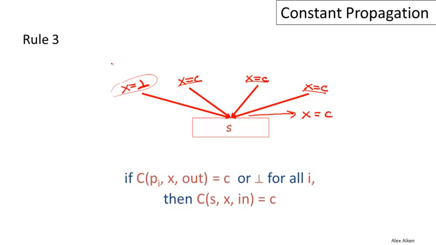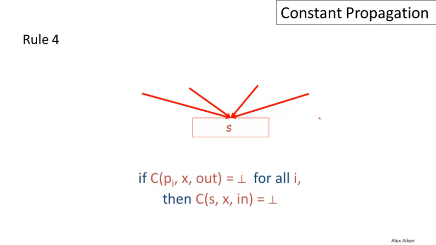So there's some predecessor p here which never executes, which means that we could never reach S along this path from p. So the only paths that will reach S are the ones where x is known to be a constant. All right, so that's why it's okay in this situation to say that if execution reaches S at all, it's guaranteed to reach it in a state where x is the constant c.